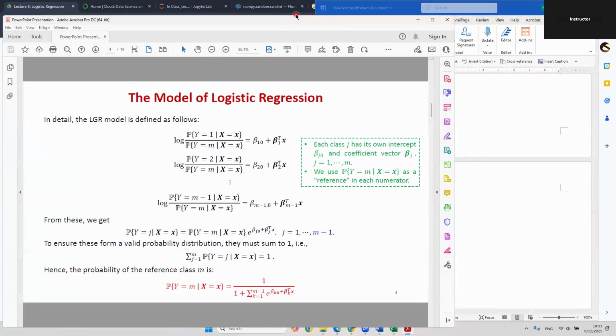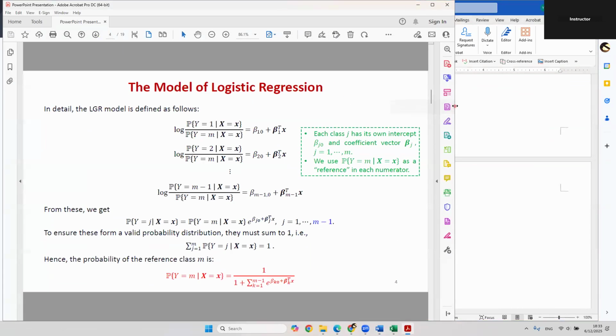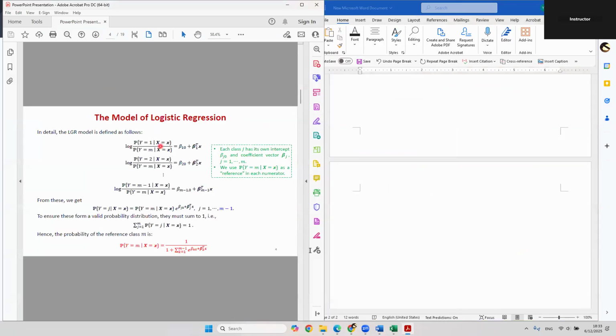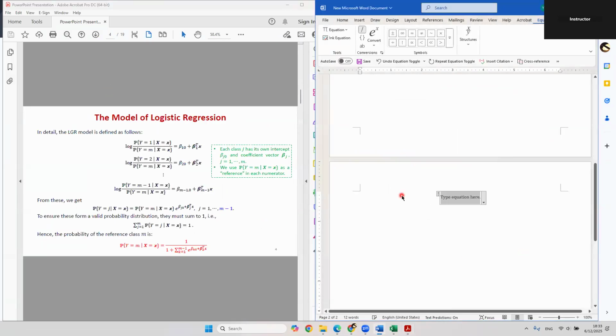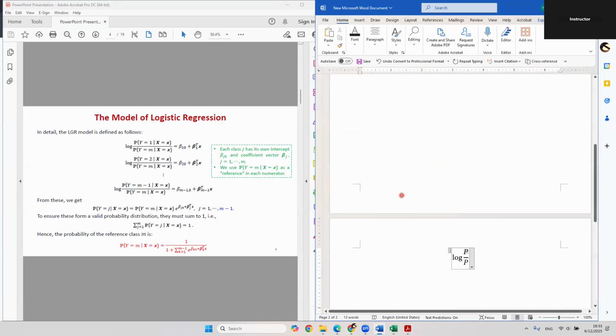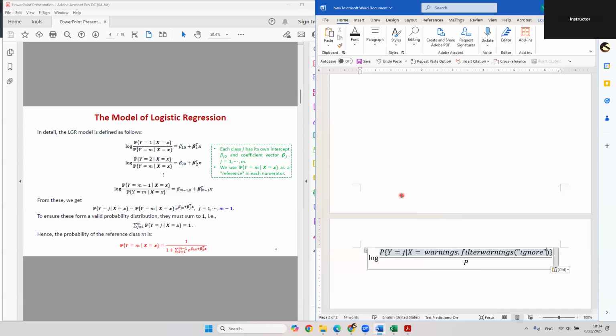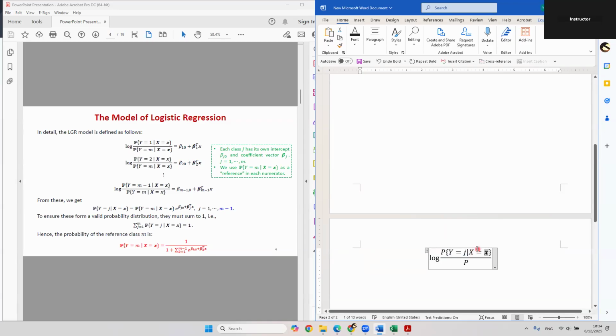So from the example here, let's consider a class j, okay? Here I have the log of P of y equal to j given x equal to x, divided by P of y equal to m.